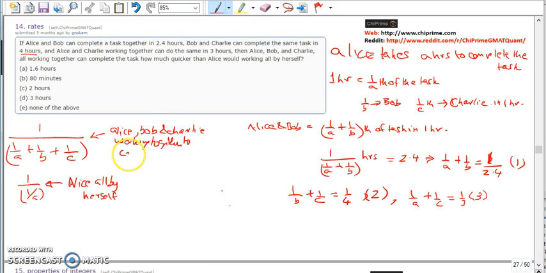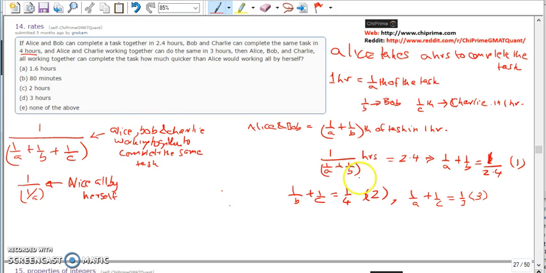This is analogous to equations 1, 2, and 3 that we've derived earlier. So effectively, we need to compute these two values and then the difference between those two values, and we'll have the answer that we need.